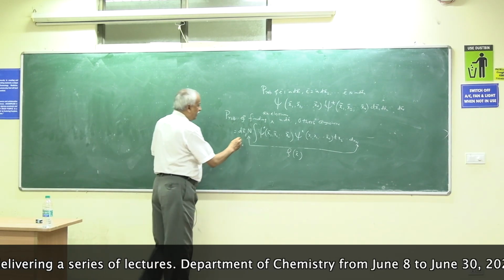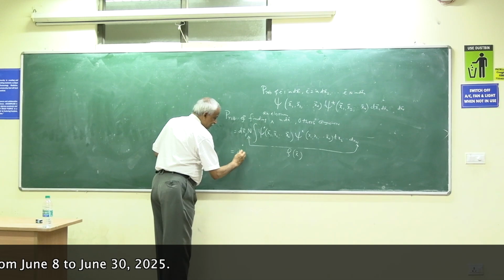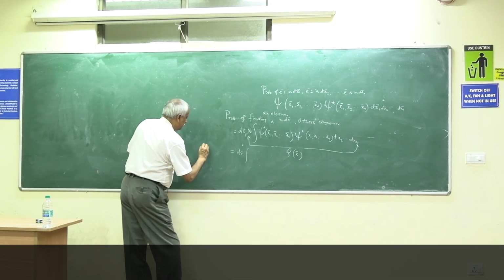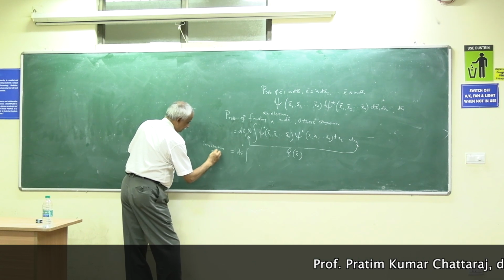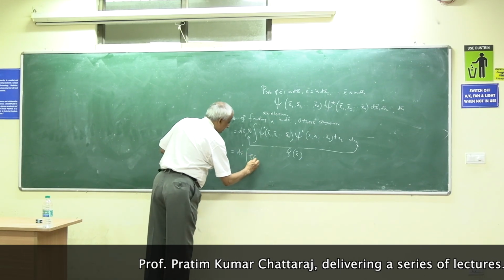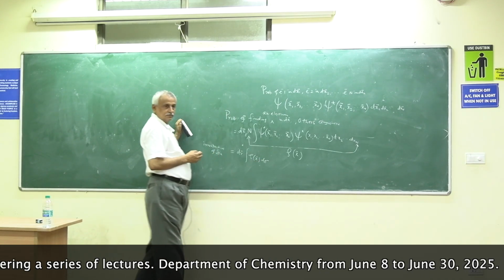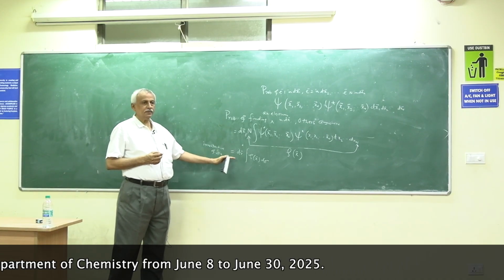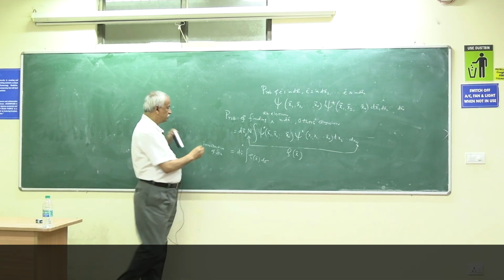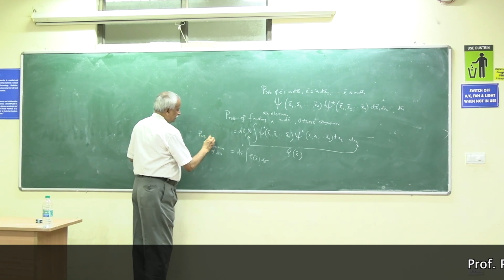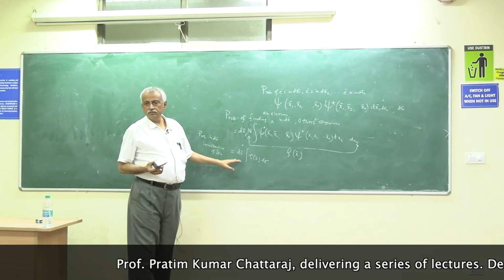Then what I have to do is keep dr over here and integrate rho x over d sigma, isn't it? This gives the probability of getting the electron between r and r plus dr, irrespective of spin, which I can get simply by integrating over the spin variable.